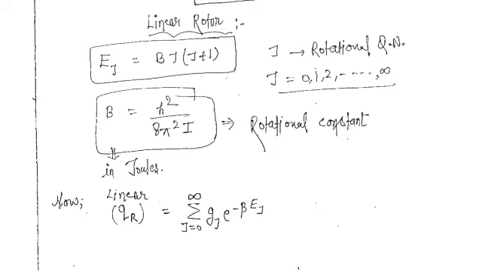Alright, where B is the rotational constant, which has the value h squared upon 8 pi squared I, where I is the moment of inertia. This value of B is in joules.